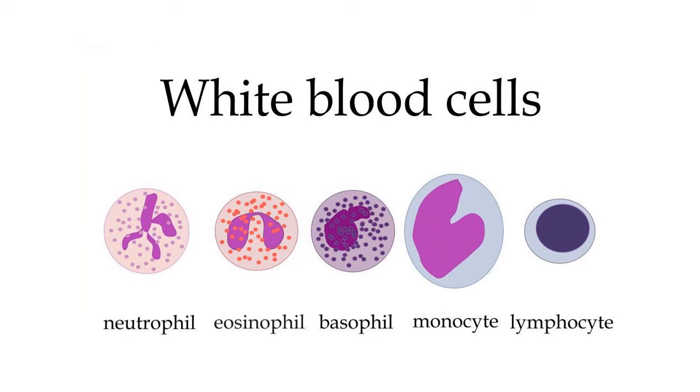Basophils are an important part in immune system functioning. Next, we have monocytes. They fight certain infections and help other WBCs remove dead or damaged tissues. And next, we have lymphocytes. It is the main WBC for the immune system which helps in fighting of infections.